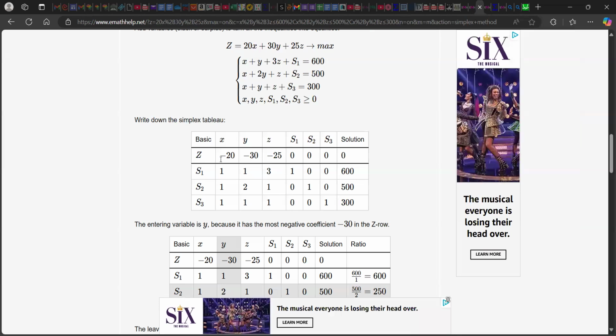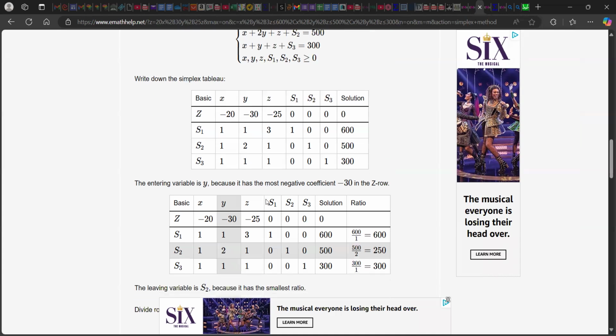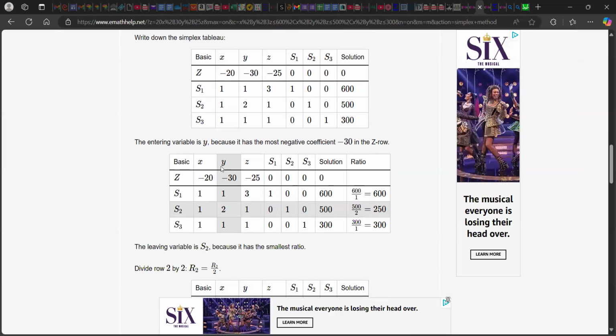We identify which is the most negative number, minus 30. So that's our pivot column. Then you take 600, 500, and 300, and divide by these numbers, 1, 2, and 1. The smallest of them is the 250. That identifies our pivot row. And this 2 here becomes our pivot element.